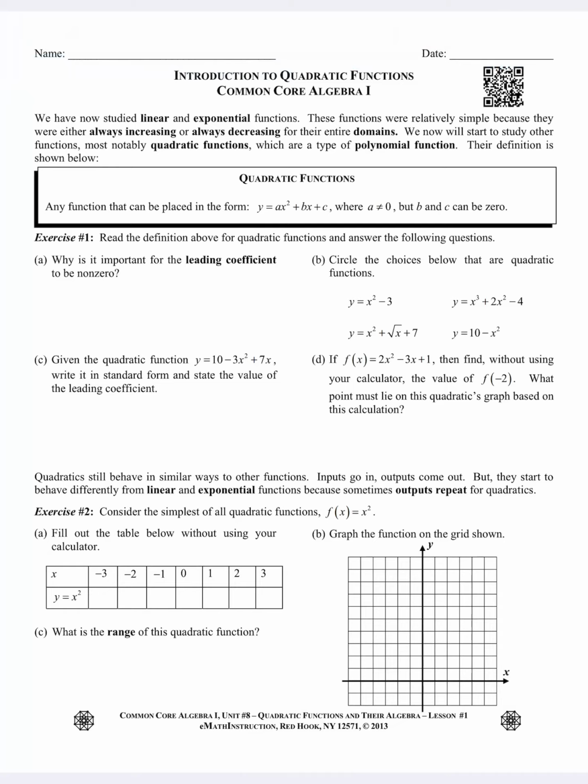It's an important concept. It's something that's covered in algebra, algebra 2, geometry, multiple sciences, and it's very relevant.